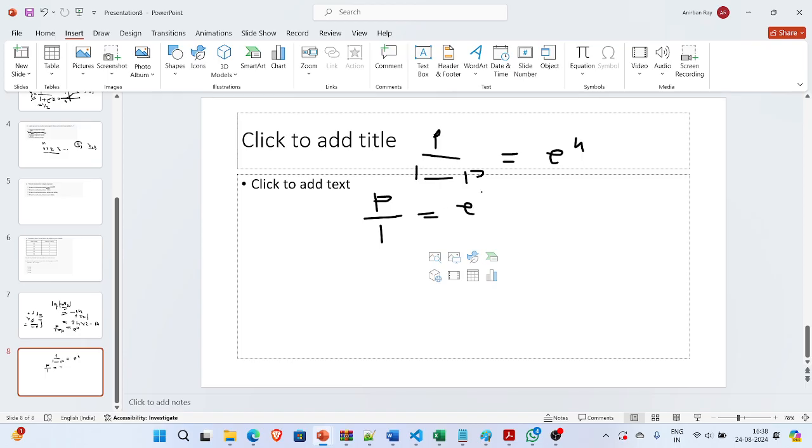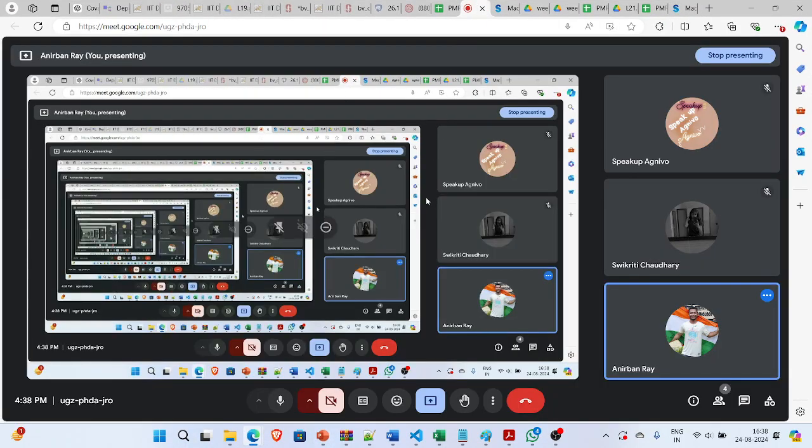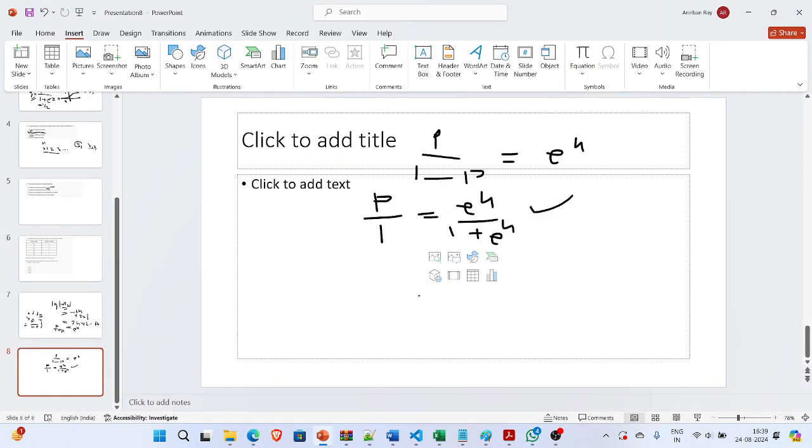So I need to add e to the power 4 in the denominator. So we get p. Clear up to this? No response. Okay, let's continue.